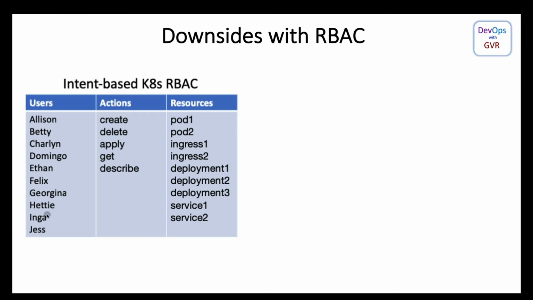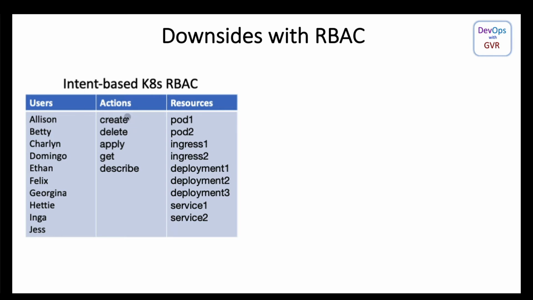Say these are my team members. One person is admin, so I give all access, whereas Alison I only give access to create pods. That's it. She won't be able to delete. Betty can delete pods too, something like that. These are the only limited set of operations I can define with RBAC, right? I can't do more than this.